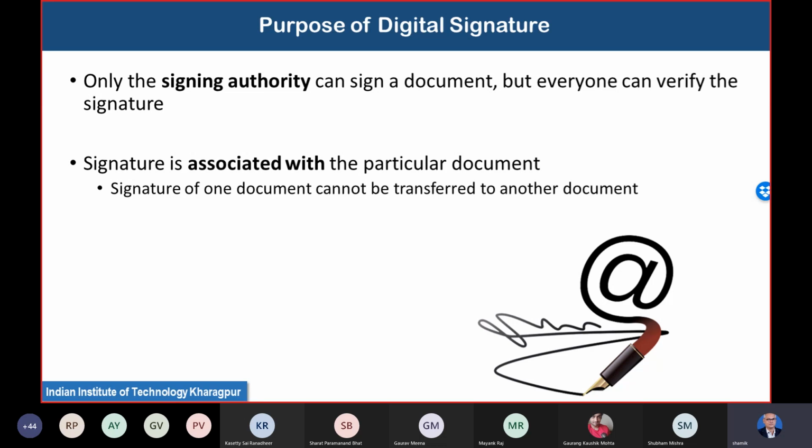So it should not be dependent on X or Y or Z, but only on something that I can make use of, which can be verified. The signature is associated with the particular document, and the signature that I put for this document hello world cannot be used for another one which says hi guys or something. It is only for this document, and it cannot be transferred to a different document.